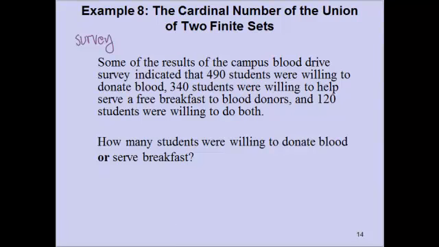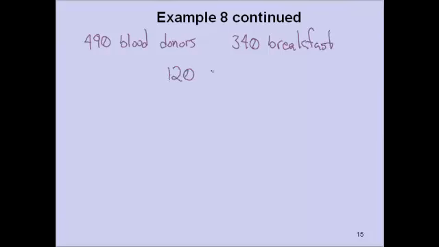Well, let's take a look. What do we know? We know that there were 490 blood donors. We know that there were breakfast servers. And we had 120 that were willing to do both.